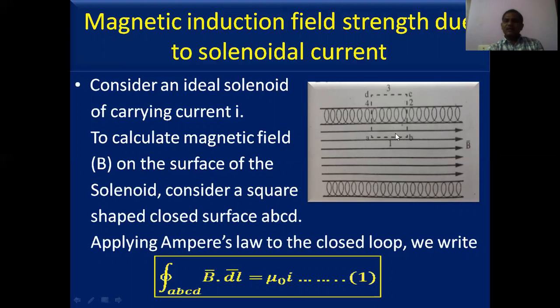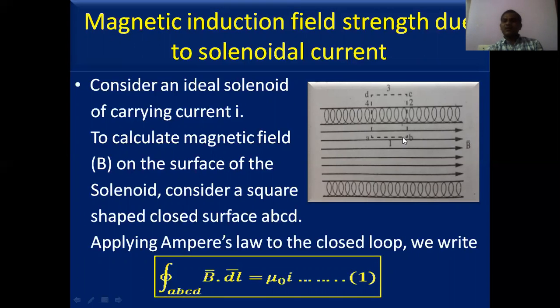Now the magnetic induction field strength, according to Ampere's circuit law, we have written closed integral ABCD B bar dot dl bar equal to mu naught times the current enclosed by that closed loop. This is equation 1. But here the closed integral ABCD is equal to what?